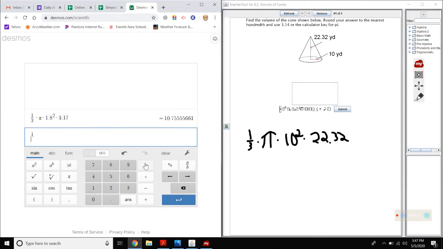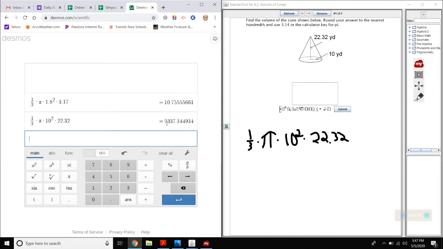So 1 divided by 3, again, I have to click right beside the fraction so that the multiplication sign goes with the whole fraction and not just the denominator. And now I'm ready to put in the rest of my formula. Times pi times 10 squared times 22.32.